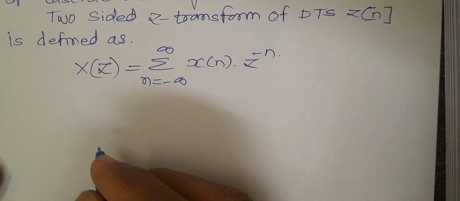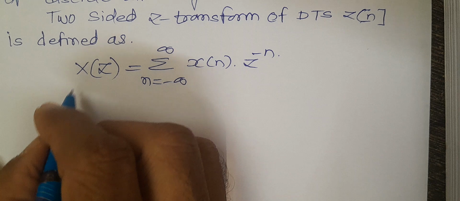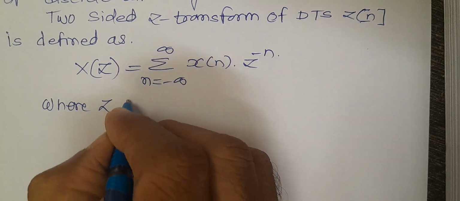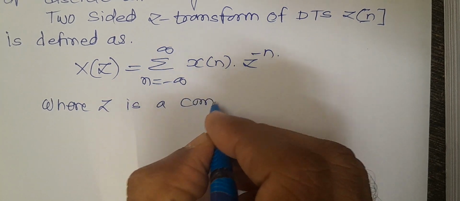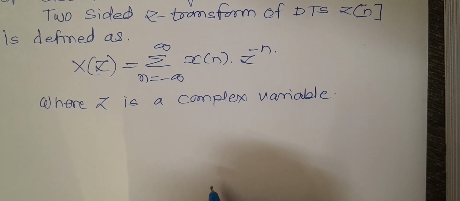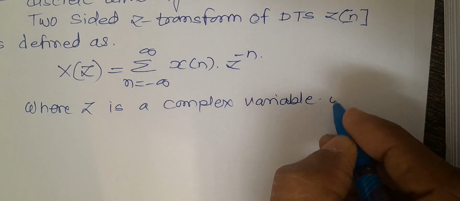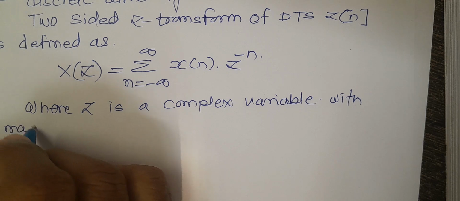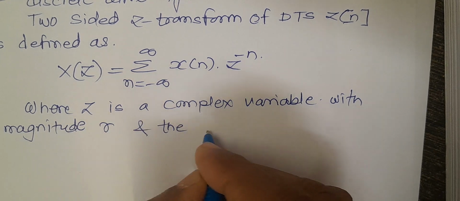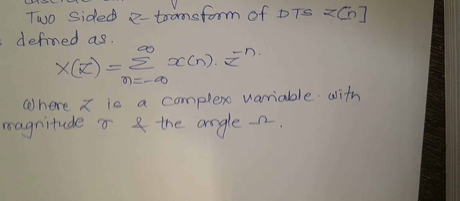where z is a complex variable with magnitude r and the angle omega.